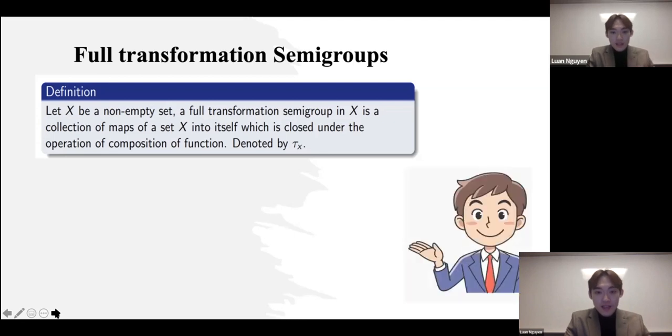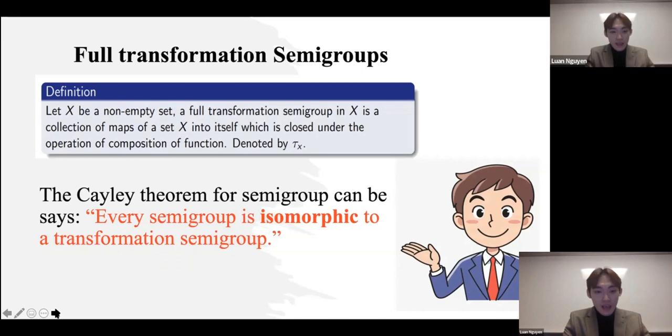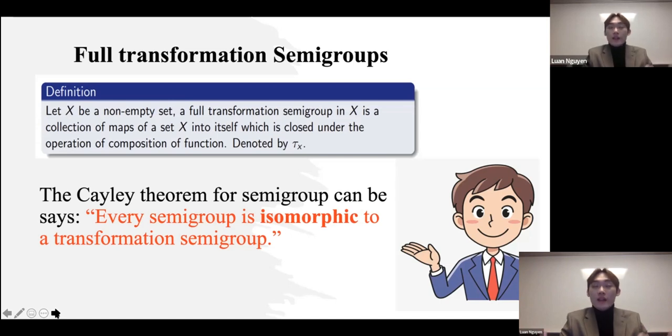And now I can state the Cayley theorem for semigroups in a better way: every semigroup is isomorphic to a transformation semigroup. So for the word permutation semigroup, instead of saying permutation semigroup, I'm using the new definition, transformation semigroup, to make the Cayley theorem more suitable for semigroups, since a semigroup has fewer properties than a group.